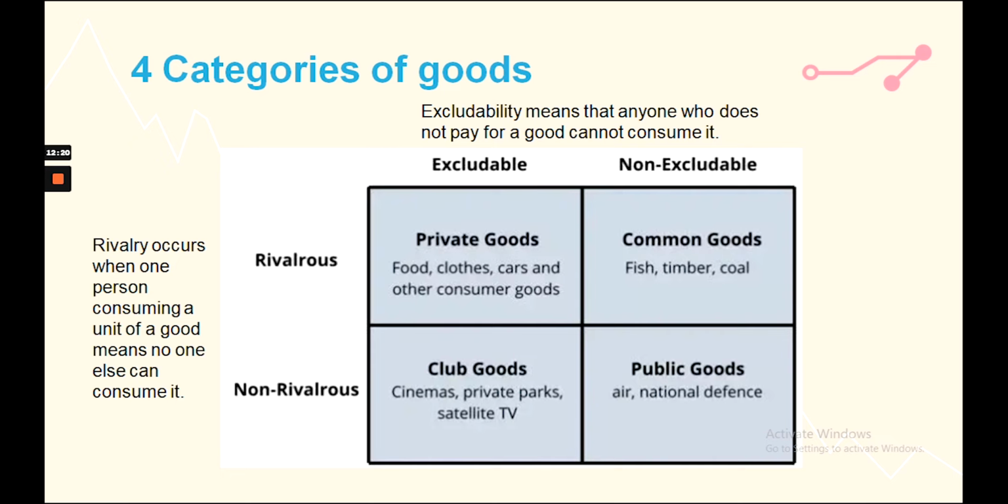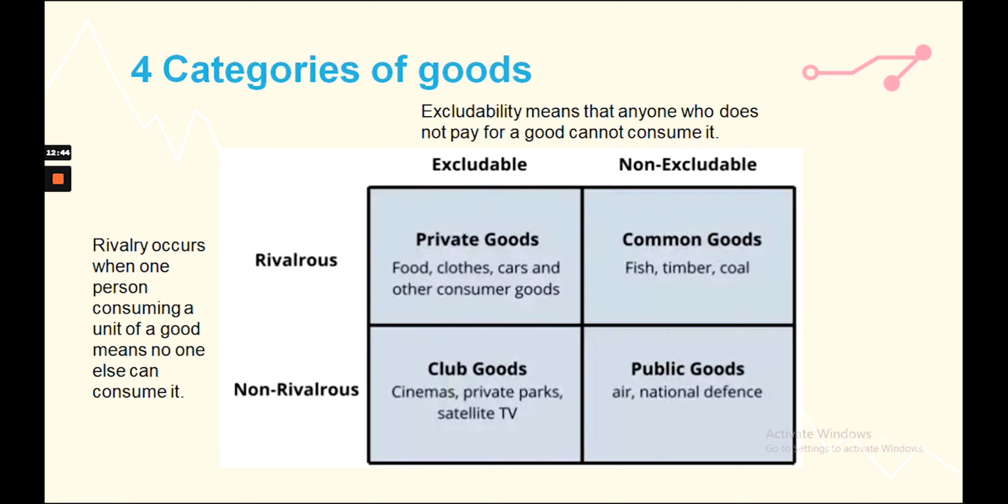The fourth category is public goods, which includes the army, the air and national defense, or goods that are public in nature. Even if you have not paid tax, you will still gain the benefit of the army that is protecting you in the country.